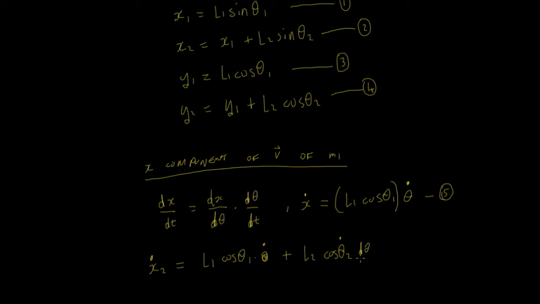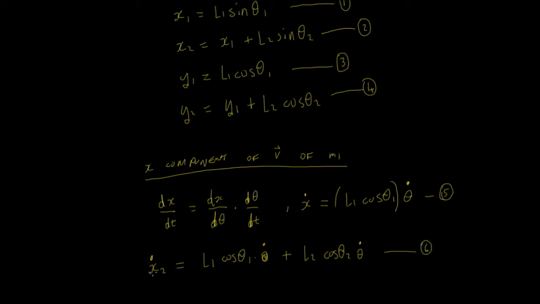I won't write it as d theta by dt, I'll write it as theta dot, which keeps it simpler. I've got to get rid of that little dot up there as well, it's just confusing things. Okay, so that there, we'll call that equation number 6.